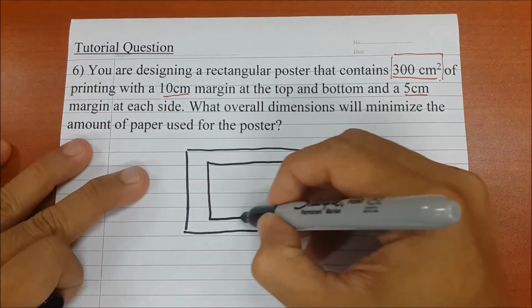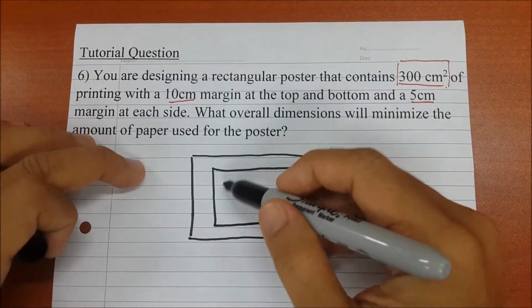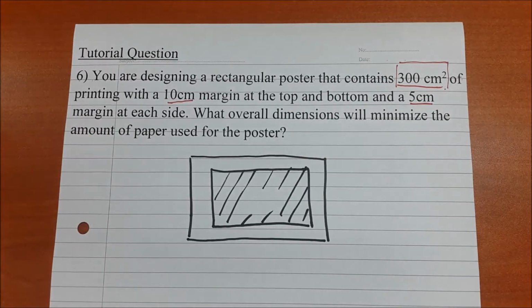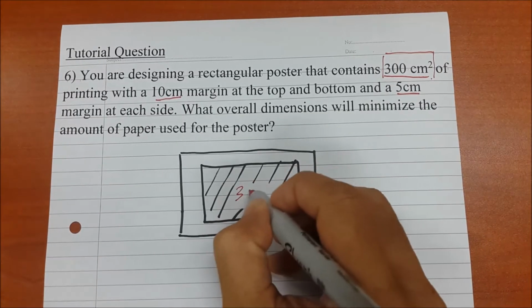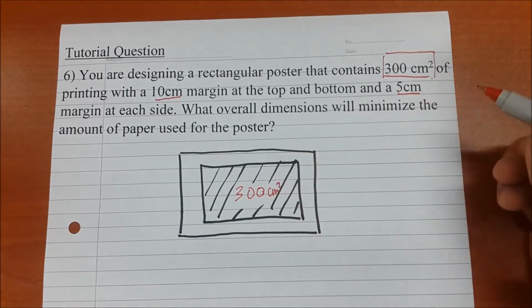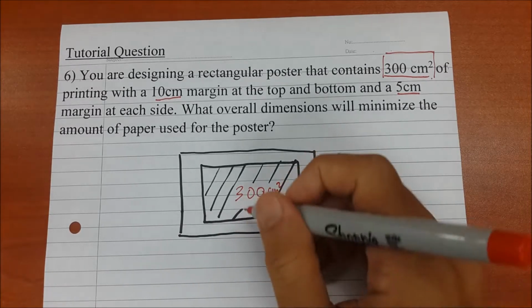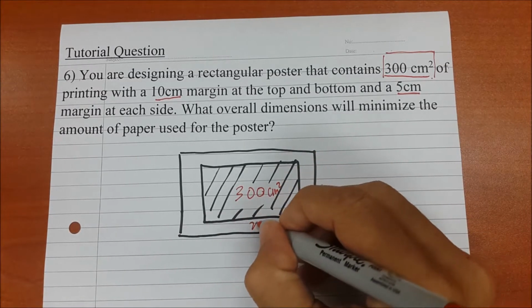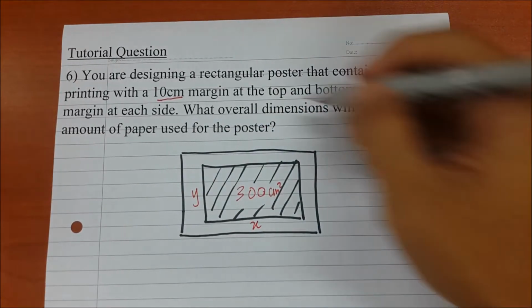Let's say this will be our printing, and the area of the printing is 300 centimeters squared. And let's say the dimensions of the printed area will be X and Y. Right, what about the margin?